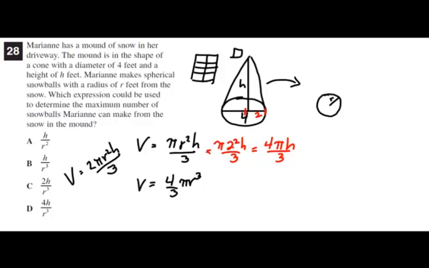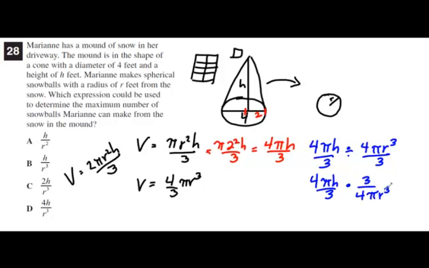So, I'll do it in blue. 4 pi height divided by 3, that's the formula for the cone with the radius in there, divided by the formula for our spheres, 4 pi r cubed divided by 3. We know from fractions that when we divide we do same change flip. So I have 4 pi height times 3 times, and then I flip this to its reciprocal. So 3 on top and 4 pi r cubed on the bottom.